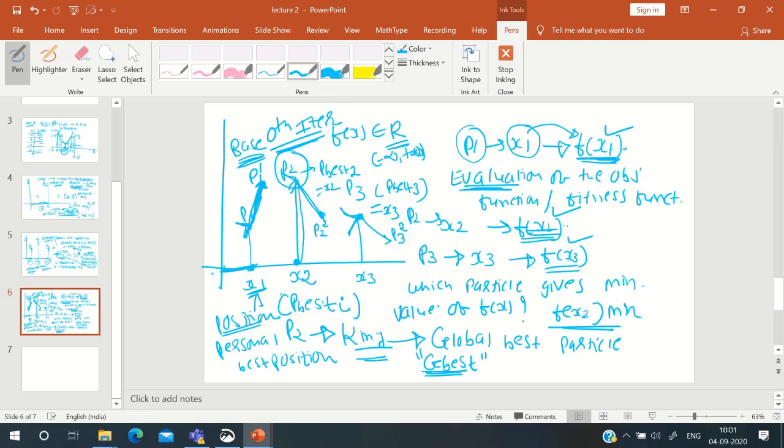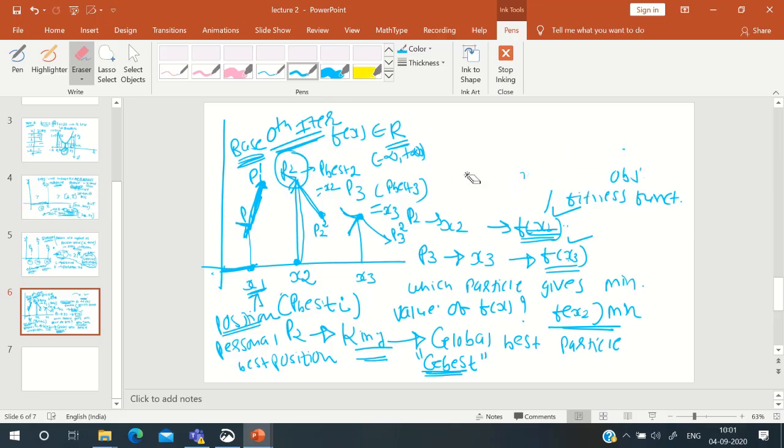What will we do? We will evaluate the objective function again by substituting the x values in f of x. So again we will find f of x1 corresponding to the first particle at the end of the first iteration.